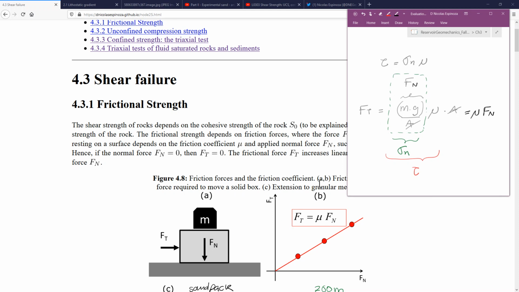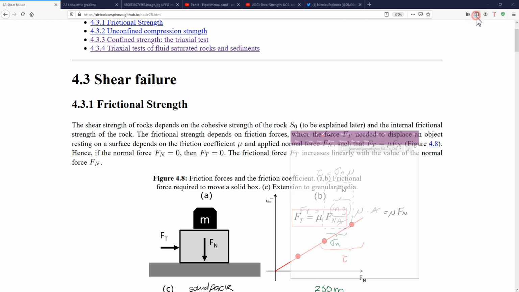In this case of the box, sigma n is going to be the normal force divided by the area of contact, and we multiply that times mu, and we multiply that against the area in order to get the force and not the stress. So tau times the area is going to give us the total force. And you will see that the area is going to cancel out, so at the end of the day, we're going just to find the same equation that we have over here, that the proportionality coefficient between these two forces is going to be the friction coefficient.